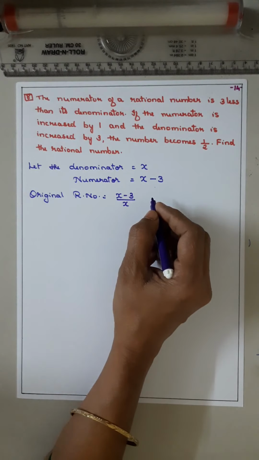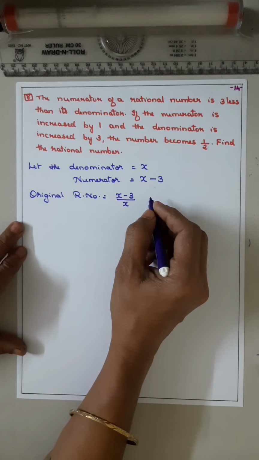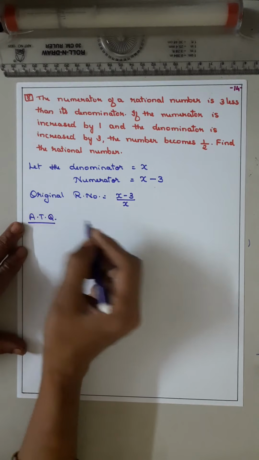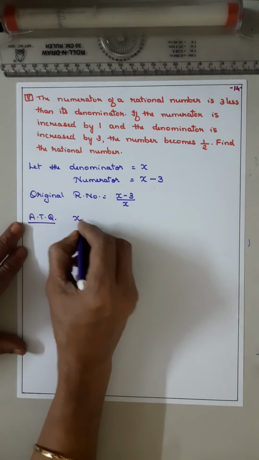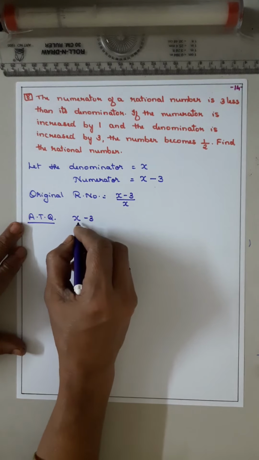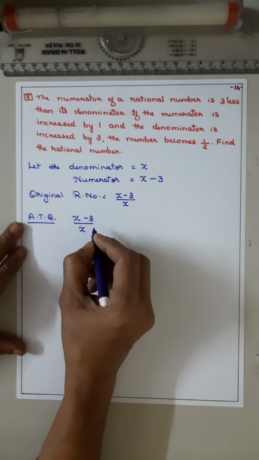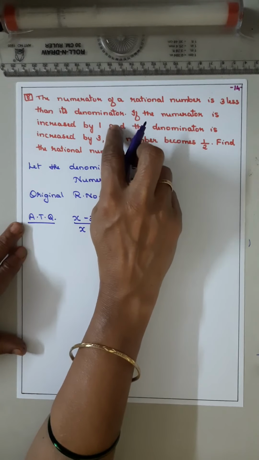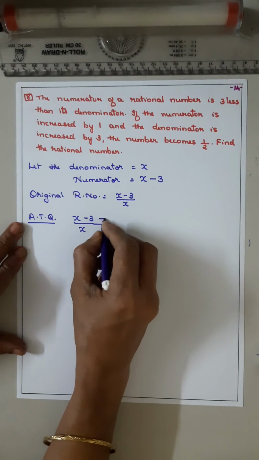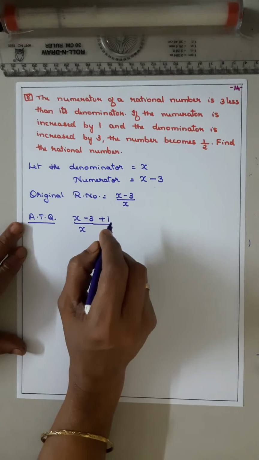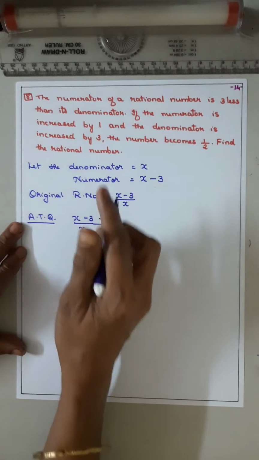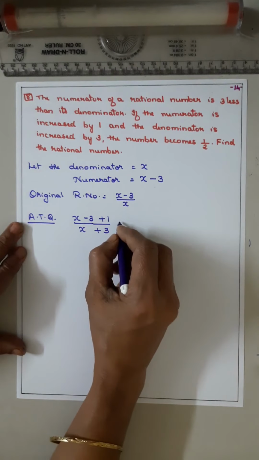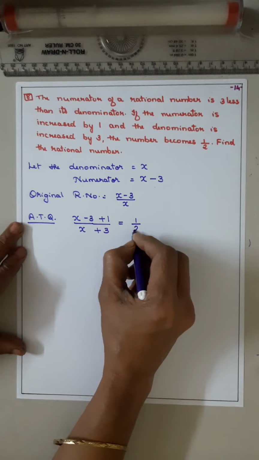Okay. Now what have they told? According to the question, the numerator is x minus 3, denominator is x. And if the numerator is increased by 1, means you add 1 to the numerator, and denominator increased by 3, you add 3 to the denominator, it will become 1 by 2.